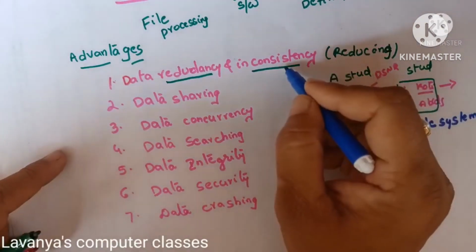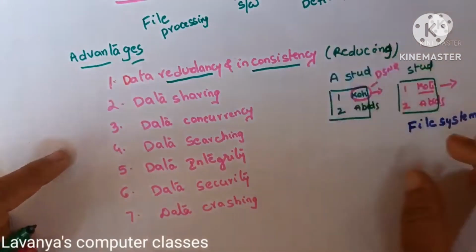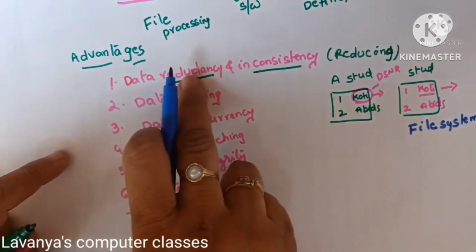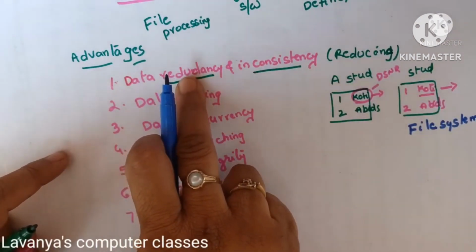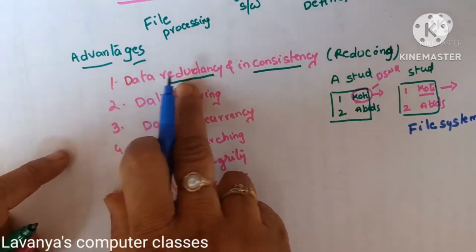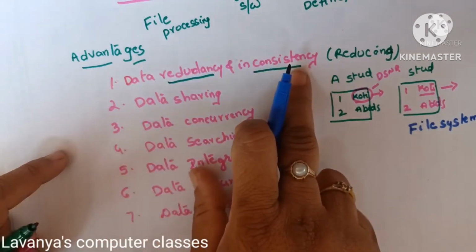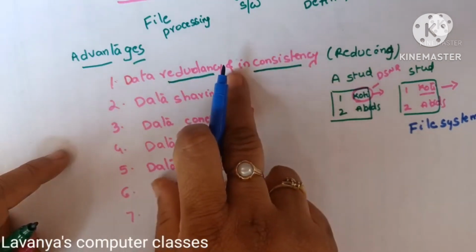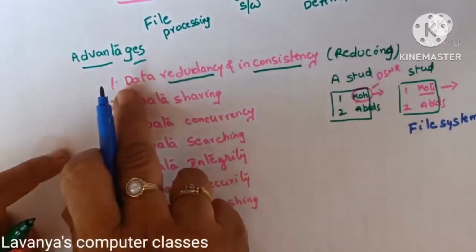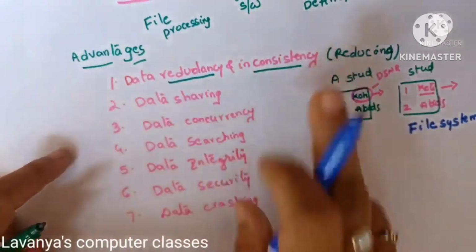So there is a data inconsistency problem. All of these are reduced in DBMS because in DBMS data is not repeated. By reducing data redundancy, data is in consistent form, not inconsistent. Entire data is in consistent form. So this is the first advantage of DBMS.